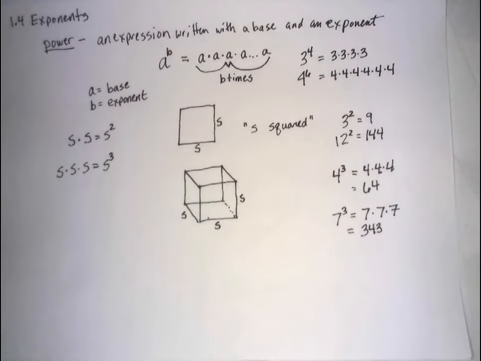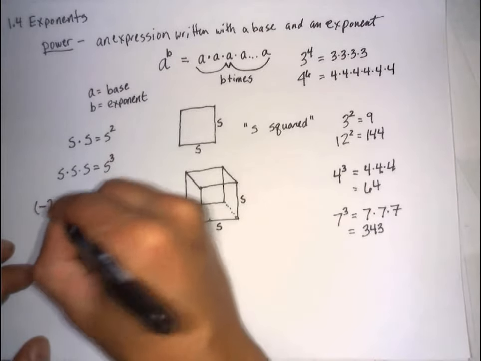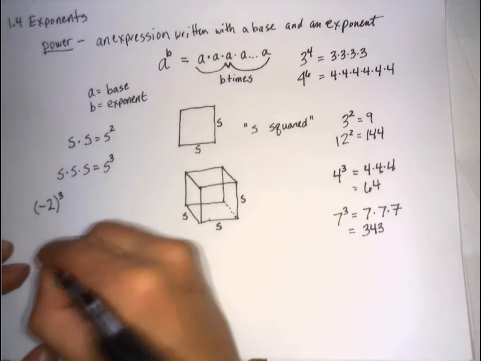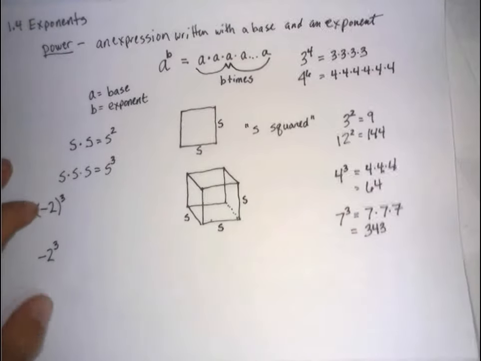Okay, so let's look at some examples of calculating exponents, especially with negative numbers, because there is a difference between the two. So let's find -2 cubed, and then let's find the opposite of 2 cubed. Notice I said those differently as I wrote them down. This is -2 cubed.